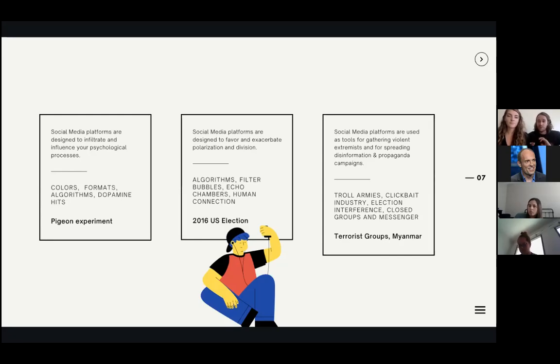The pigeons hitting the random button became obsessed with pressing it as much as they possibly could. That's an oversimplified way of thinking about how dopamine and our psychological processes are affected by social media, and the likes we get, the comments we get, and the way the engagement is presented to us can be really influential on the way that we think.